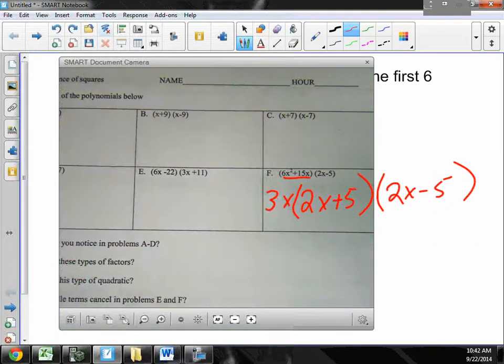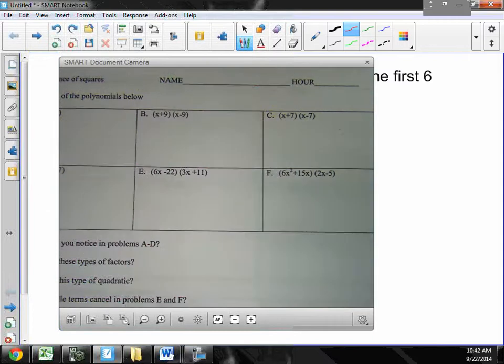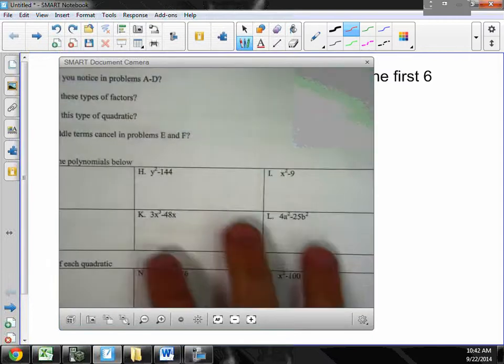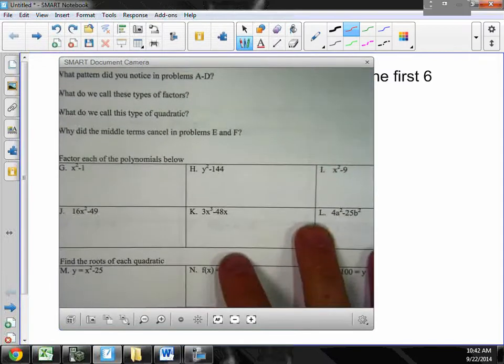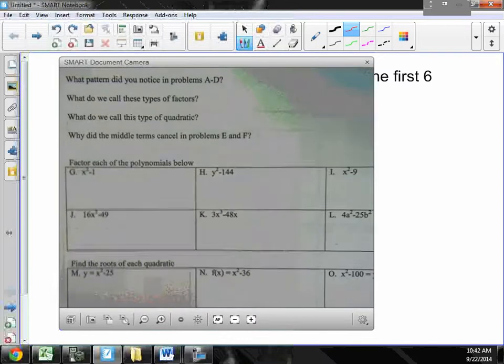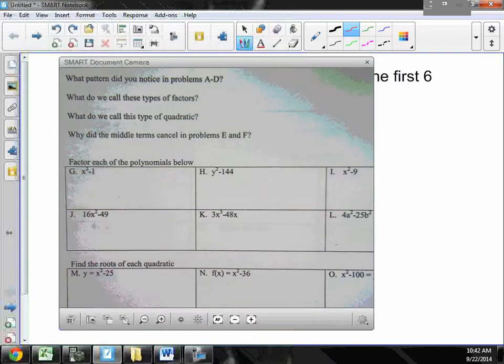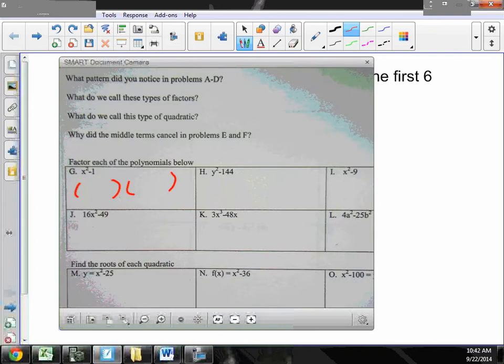Okay. So now let's solve some problems. Letter G. What is my perfect square? So x minus 1 and x plus 1. What about H? Y minus 12, y plus 12.